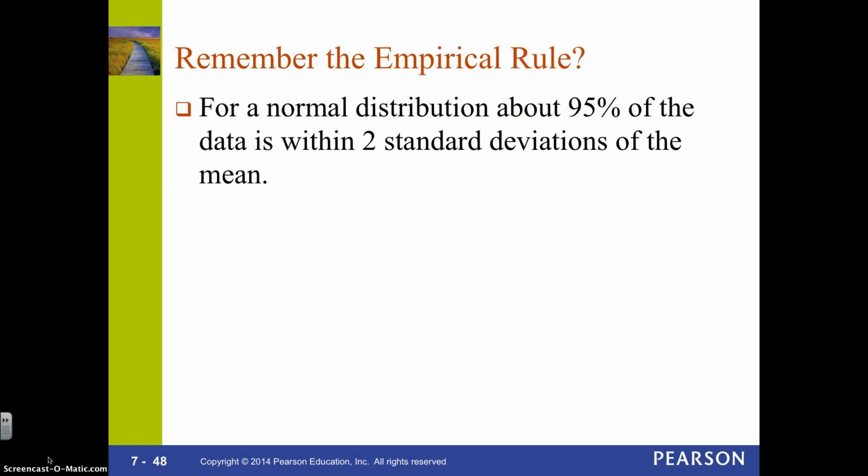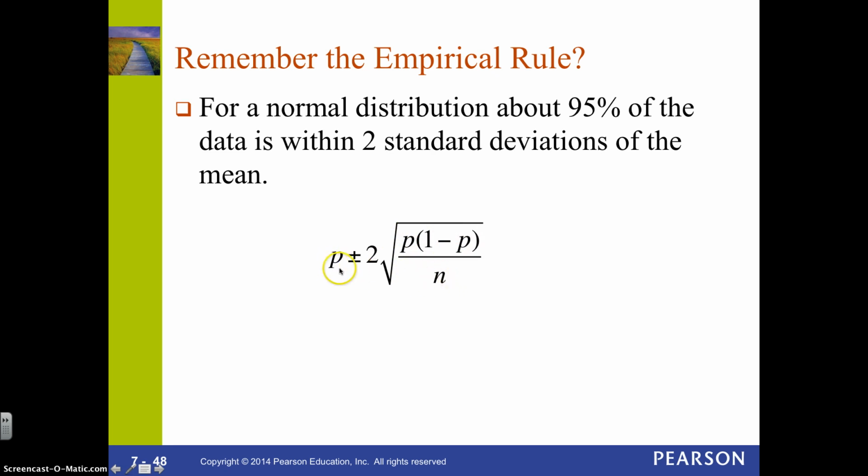If you remember back to the empirical rule that we talked about, for a normal distribution, about 95% of the data is within 2 standard deviations of the mean. So go back to our central limit theorem. We know the sampling distribution of sample proportions is a normal distribution, and the standard deviation is calculated using this formula. So combine that together with the empirical rule.